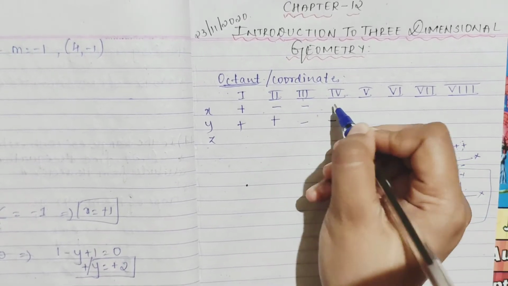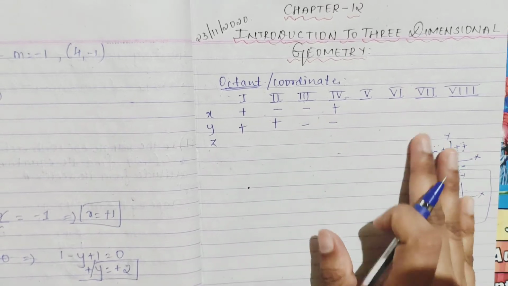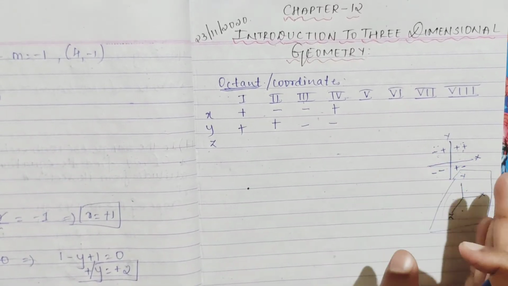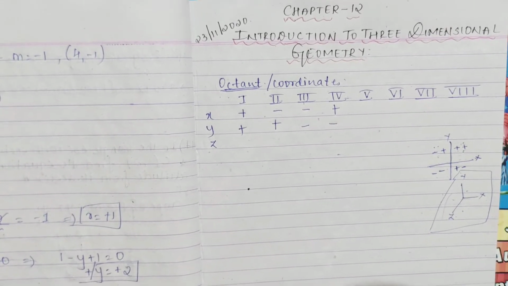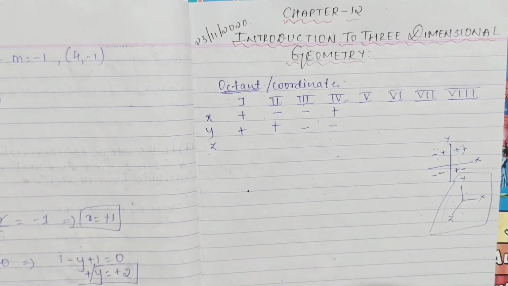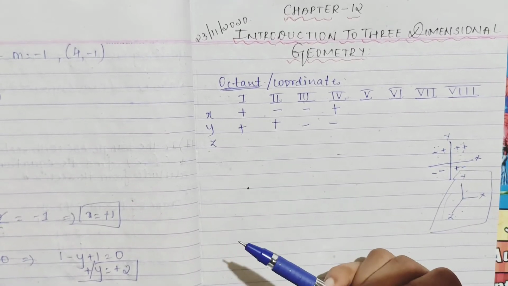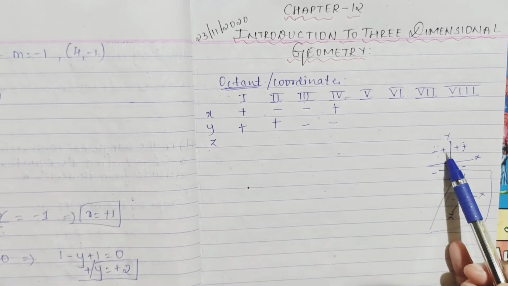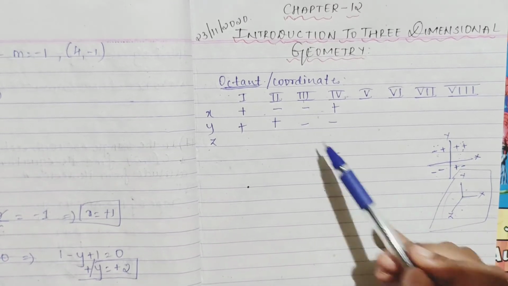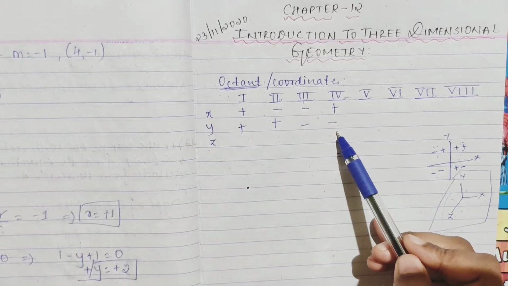Fourth is positive, negative. This is how you remember the signs of the coordinates of a point. The first 4 quadrants remain the same.